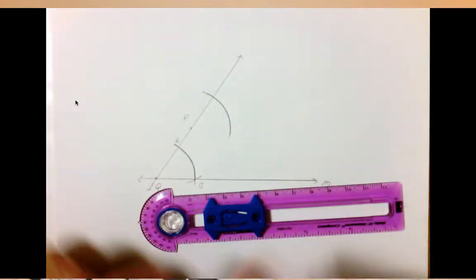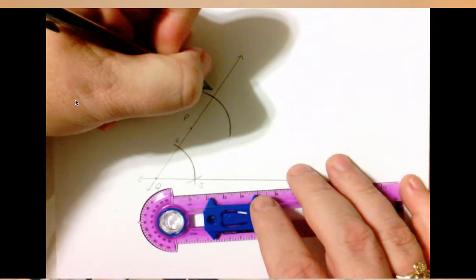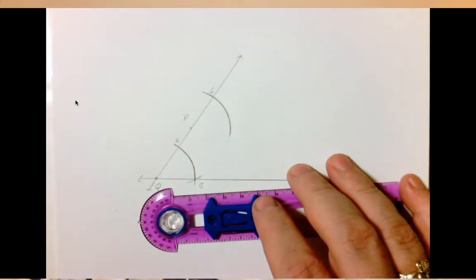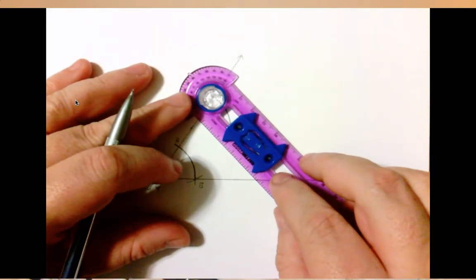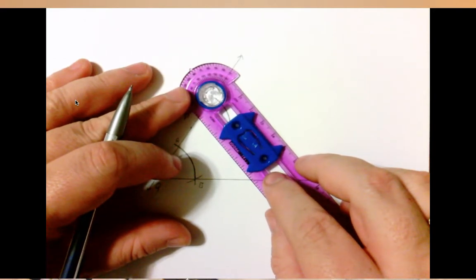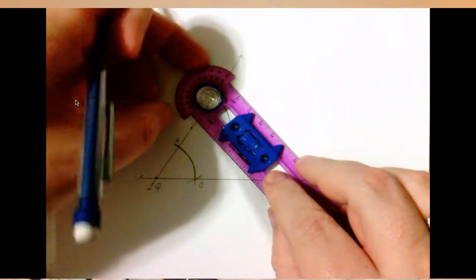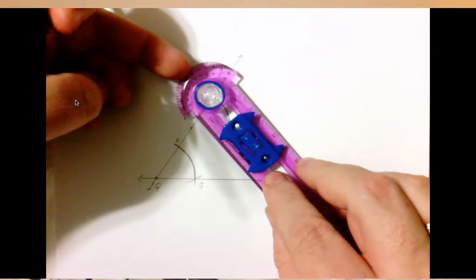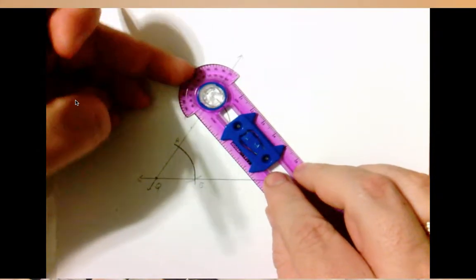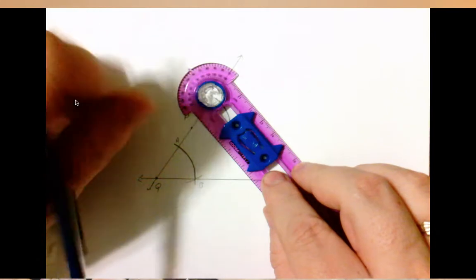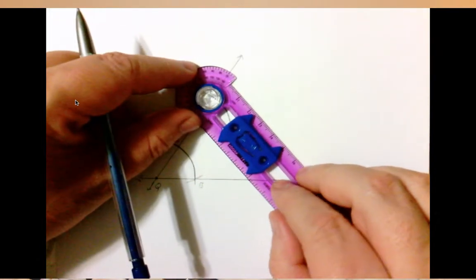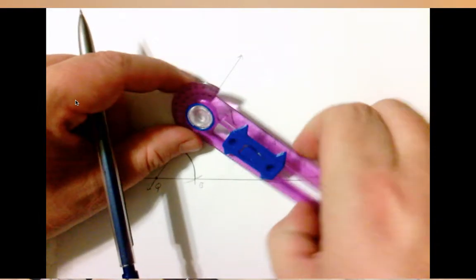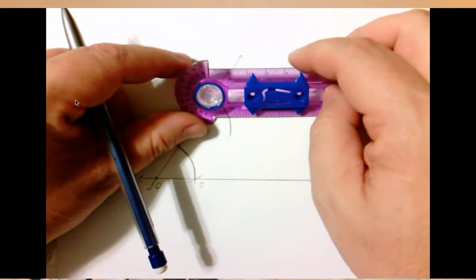Let's go up here, let's put point C up here. And let's put the center of our crosshairs right on point C. Sometimes it's a little hard to see the center of the crosshairs.